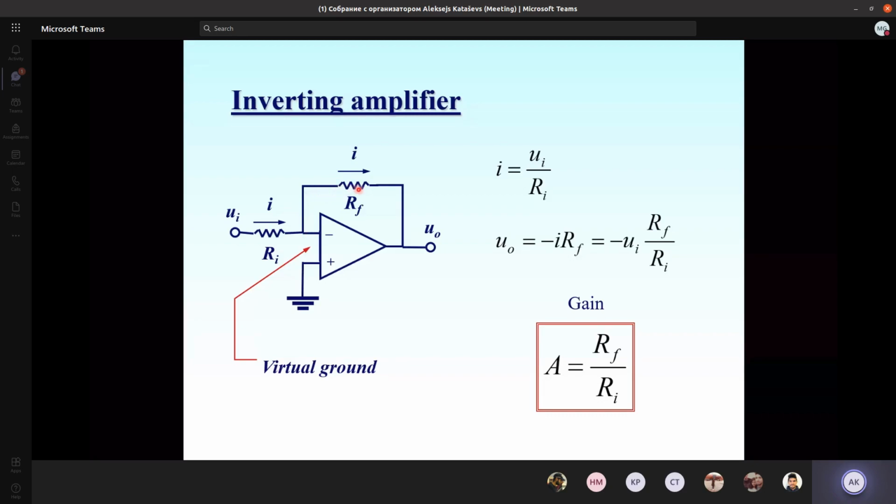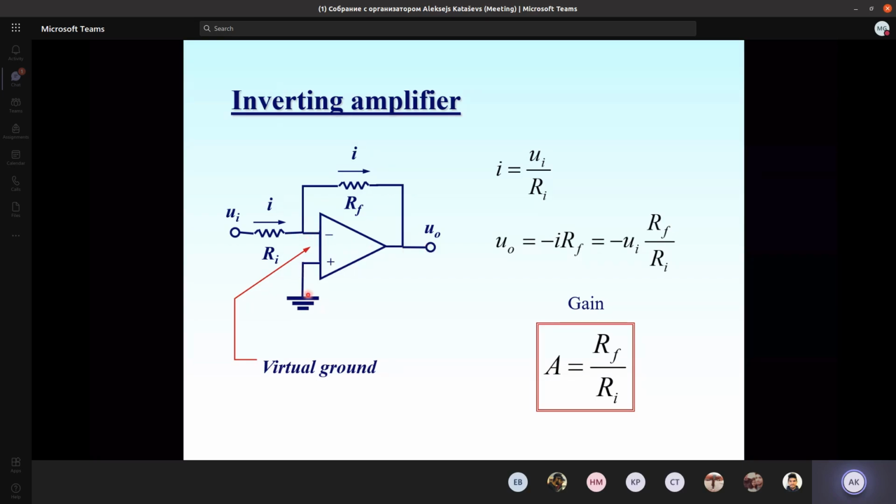The current flowing through the feedback resistor, which is the same as the input current, causes the voltage drop between the amplifier inverting input and the output. To match the direction of the flow, we understood we have to admit that the output voltage is negative, so it's lower than the voltage on the inverting input.